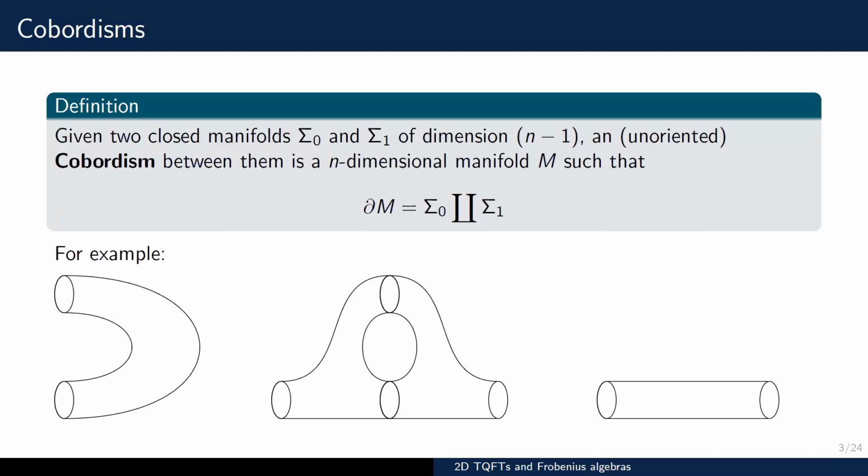All three of these are cobordisms between two circles. You can see that the middle one is different in the sense that it has genus 1, but the other two, the left and the right ones, seem equivalent. And in the unoriented case, they are. It will be obvious shortly why I have represented the same thing in two different ways.